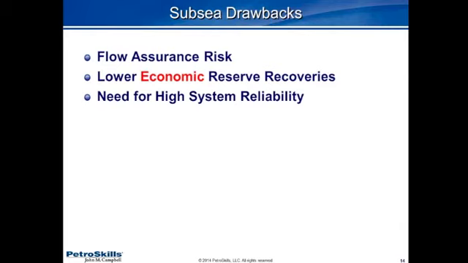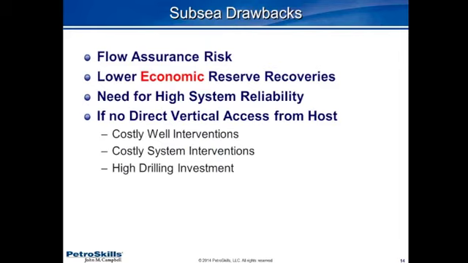The high system reliability is a consequence of the expense of intervention for a subsea system, thus balancing the cost of having frequent failures and requiring expensive intervention with the higher initial cost of guaranteeing high system reliability.